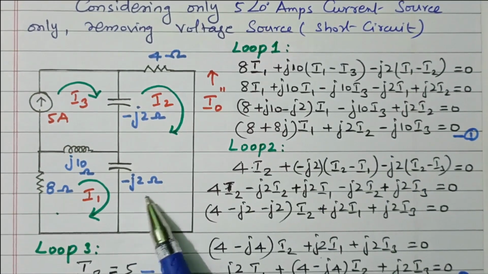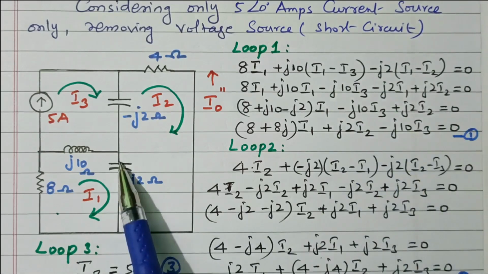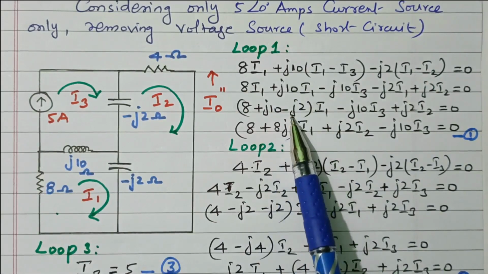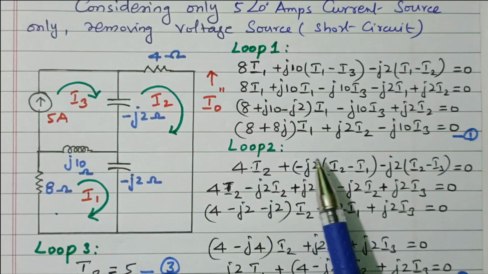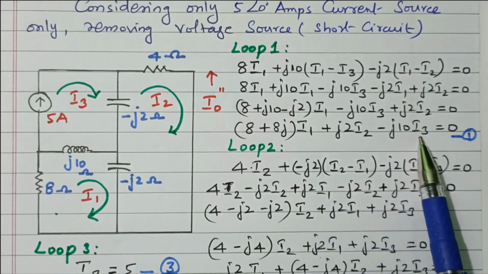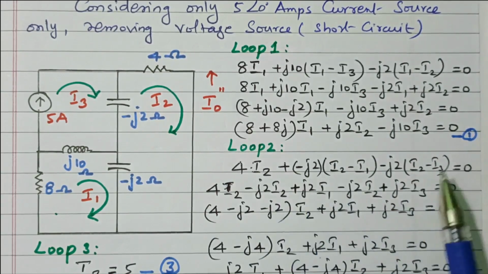This equals 0, as there is no voltage source in loop 1. After simplification step by step we got (8 plus 8J) I1 plus J2 I2 minus J10 I3. We take this as equation number 1.